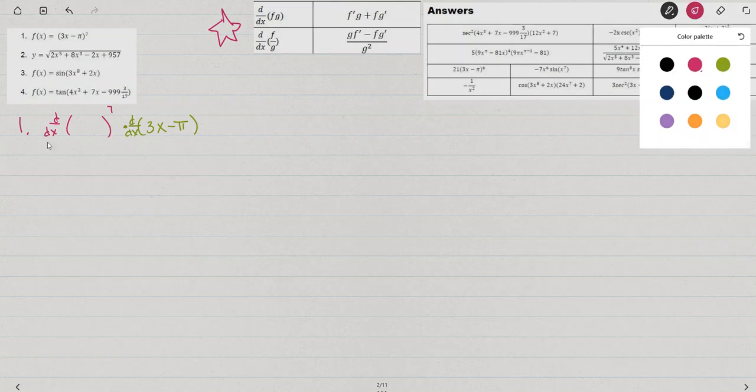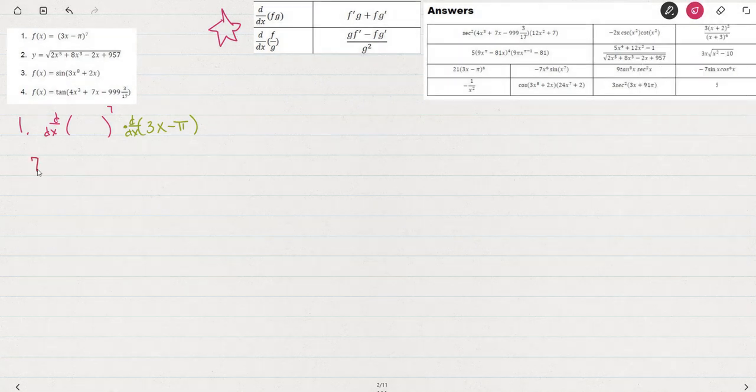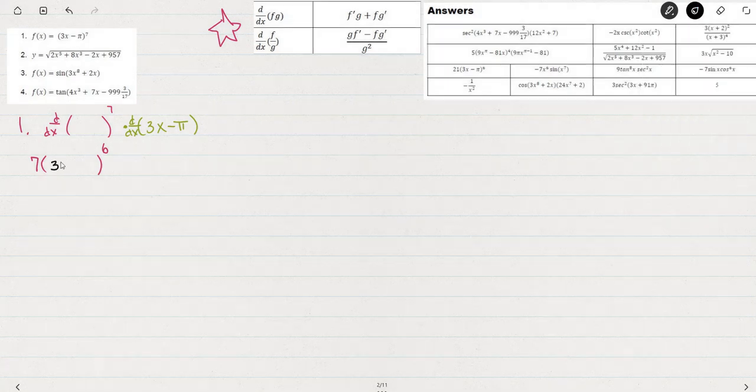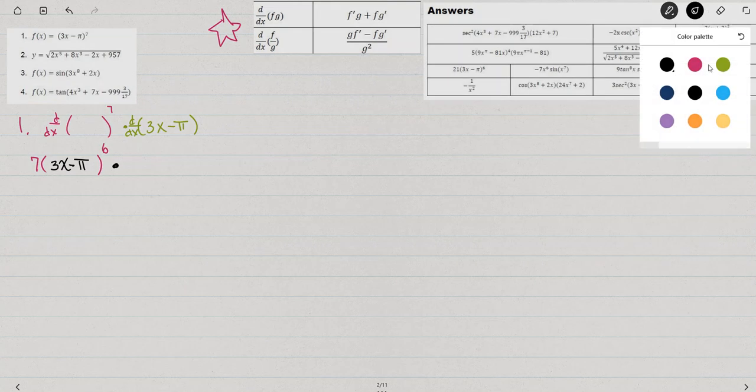Now the derivative of something to the 7th is going to be 7 times that something to the 1 less than 7. And let's go ahead and fill in that something, the something that was raised to the power, is the 3x minus pi. And we're going to multiply the derivative of the outside times the derivative of the inside.